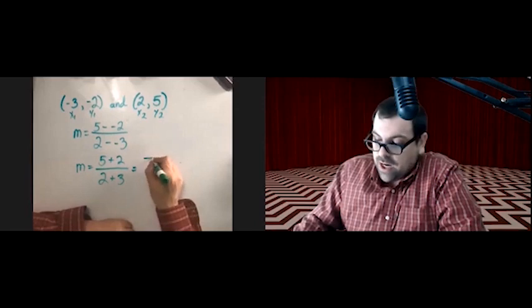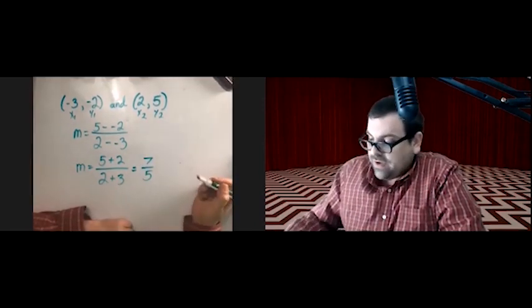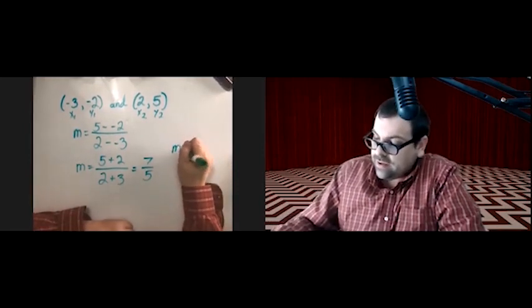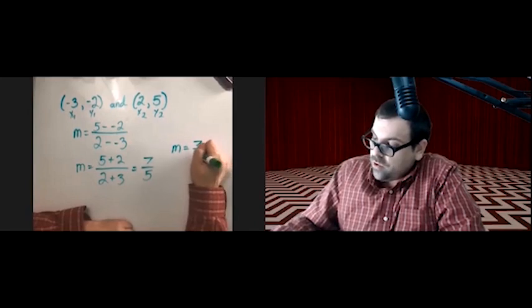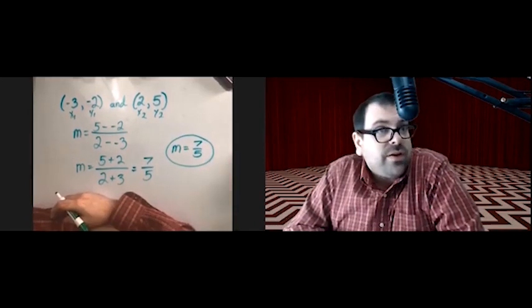This is +7 over +5. And we can't reduce that or simplify that any. So the slope of the line is 7/5.